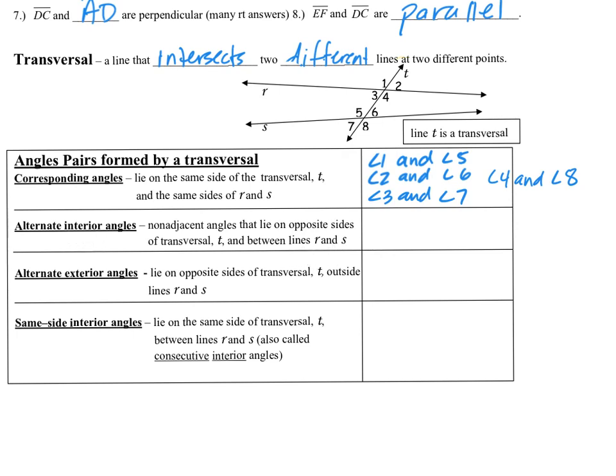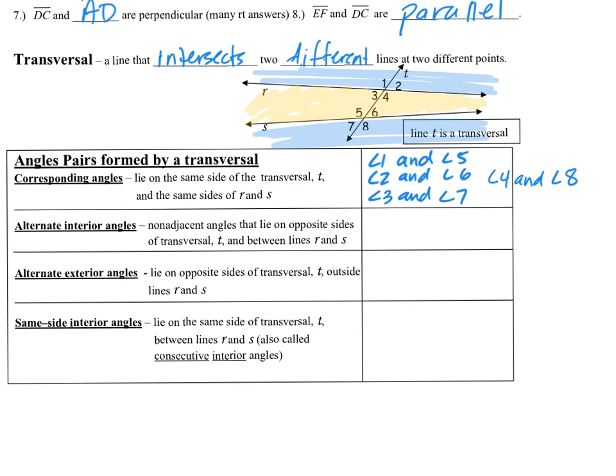So let me just highlight real quick the interior of the two lines being transversed. This region would be the interior of the two lines being transversed, and then above line R would be an exterior, and below line S would be the exterior.